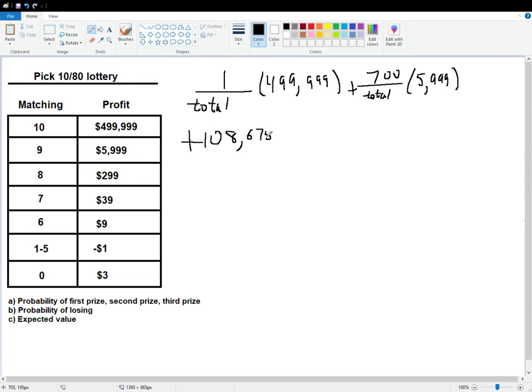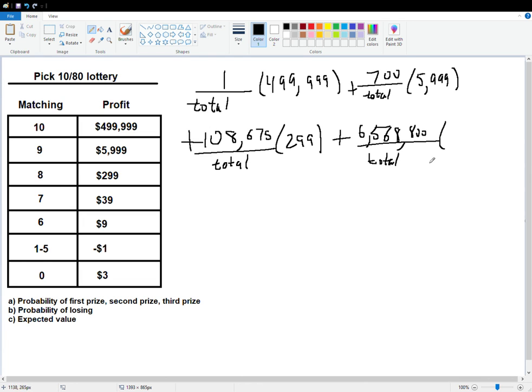This is the probability for 8 matching. And our value for 8 matching is 299 plus 7 matching was 6,568,800 over the total. What is the value for 7 matching? It was 39.